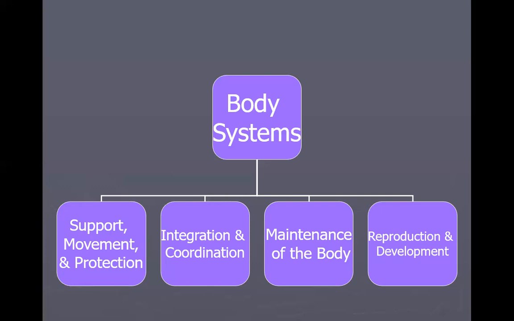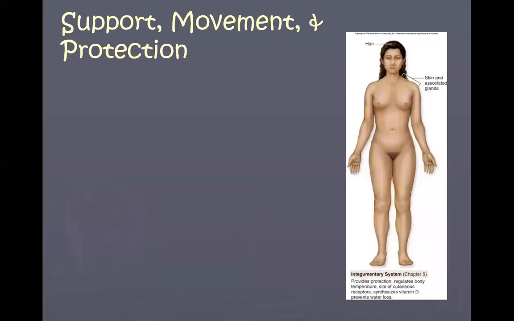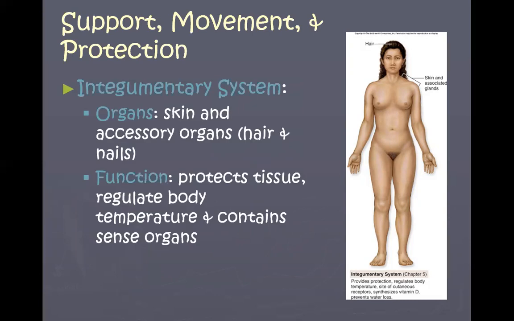Okay, let's continue. This is the integumentary system. Skin, hair, nails, and something called exocrine glands. I'm going to write that on the board over here.